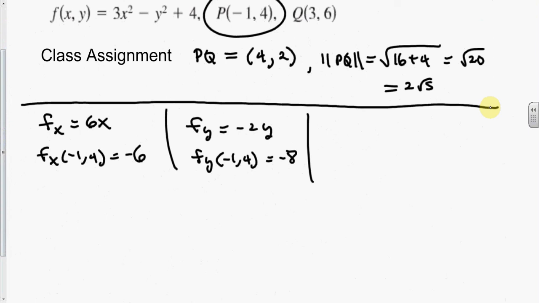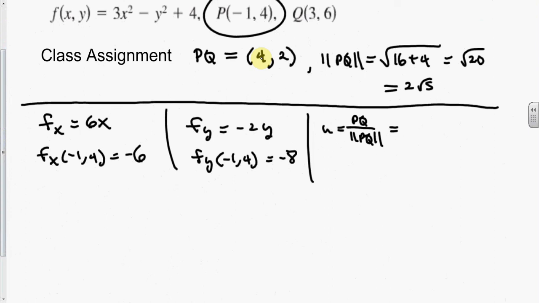It's always at that point. So the unit vector U is, and I just kept it as PQ divided by the norm of PQ. You could call it V, and V divided by the norm of V, that's fine too.